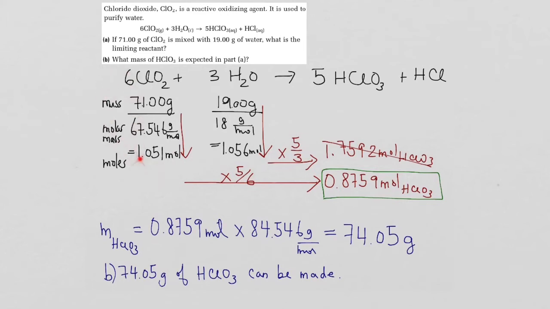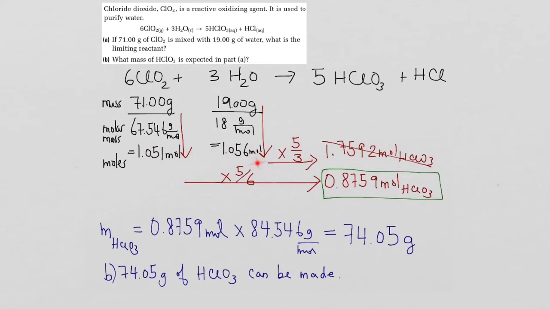You also have to look at the fact that in the reaction, we use 6 molecules of chlorine dioxide every time we use 3 water molecules. So you're using this chlorine dioxide, this reactant, twice as quickly as you're using up water. Right? So let's say you have equal amounts of moles of both.